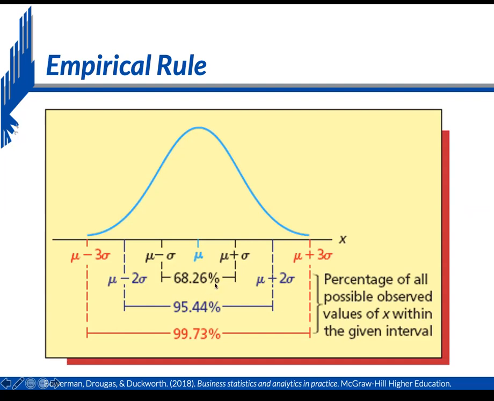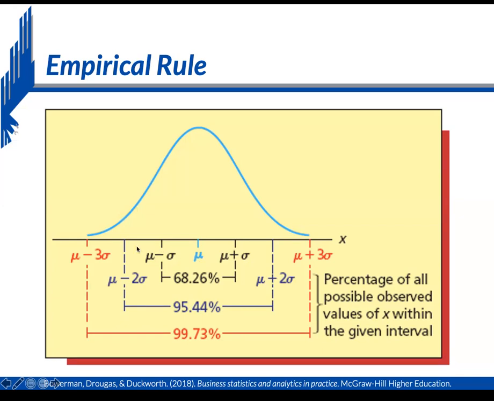So 68.26% is also a probability. And this is the probability that a randomly selected value of x will fall between this point and this point. There's a 68.26% chance that a randomly selected normal random variable x will have a value that is within one standard deviation from the mean.